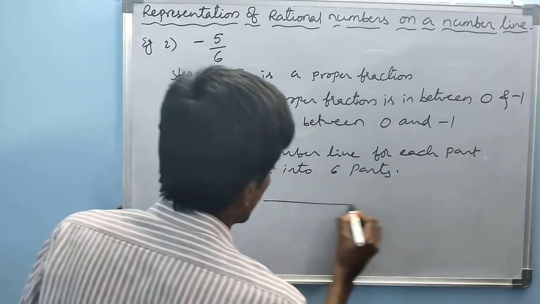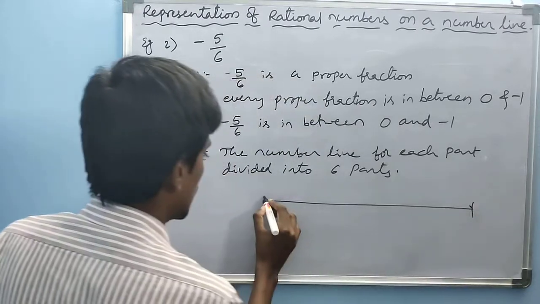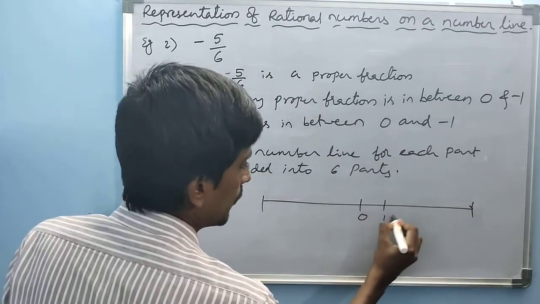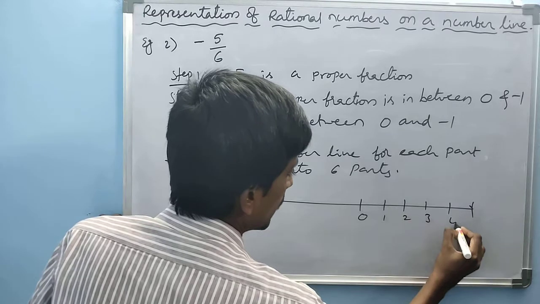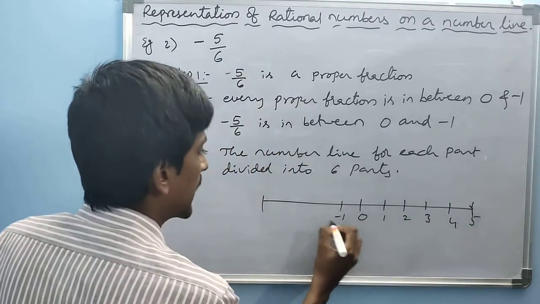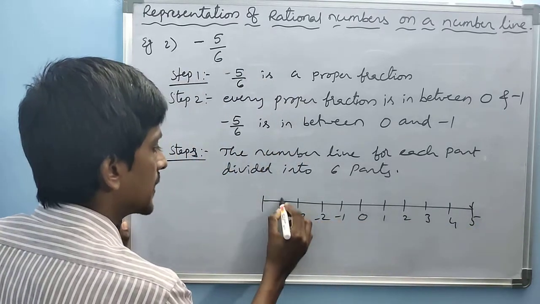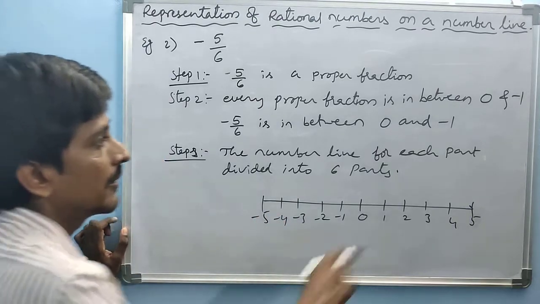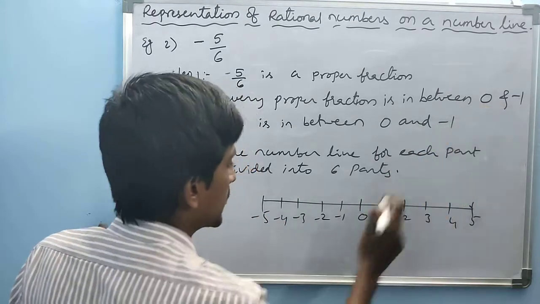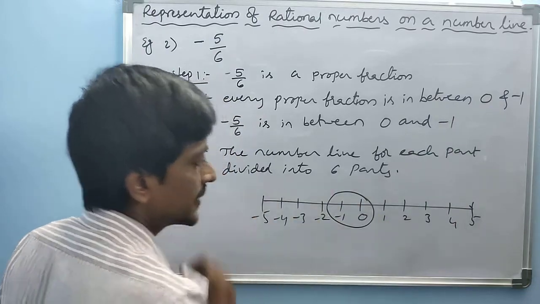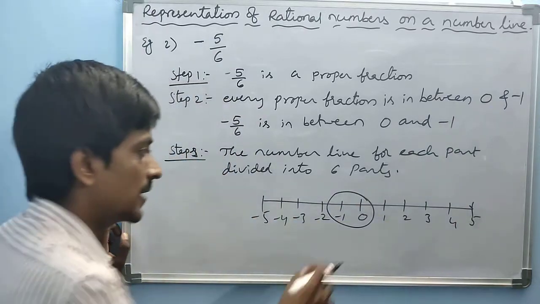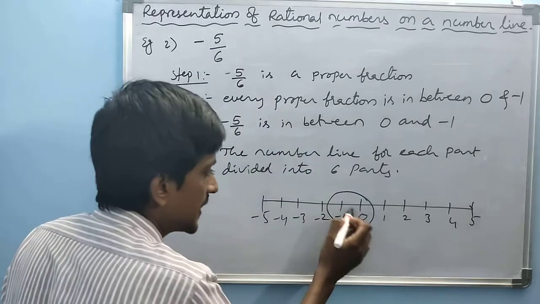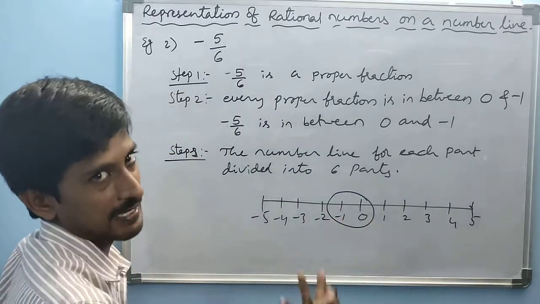So 0, 1, 2, 3, 4, 5. Minus 1, minus 2, minus 3, minus 4, minus 5. This is the number line. Which number is between 0 and minus 1? This is the 0 and minus 1. In between, minus 5 by 6 is there. But we don't know where that is.